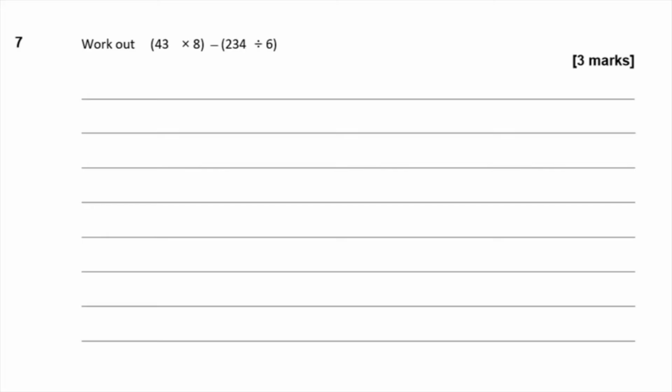So really those brackets aren't doing anything other than to help the unwary student do the operations in the right order. I'm going to do them as two separate things, and I'm going to bring the answer back in a minute. So what is 43 times 8 firstly? So 43 times 8, how do you do your multiplication?